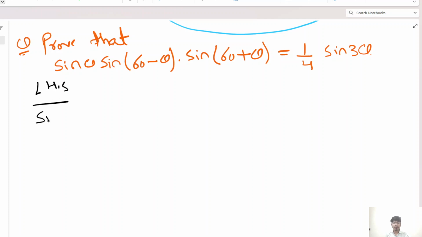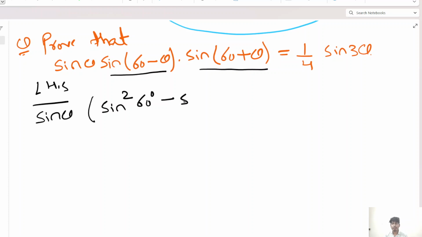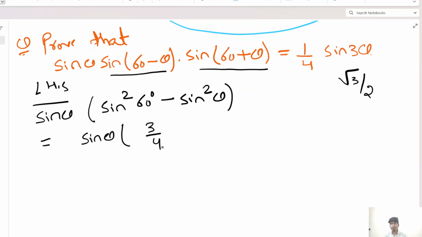Then take sine theta. In this, sine of a minus b and sine of a plus b is sine square a minus sine square b. This is sine square 60 minus sine square theta. Then we know sine 60 is root 3 by 2, then the square is 3 upon 4, so 3 upon 4 minus sine square theta.